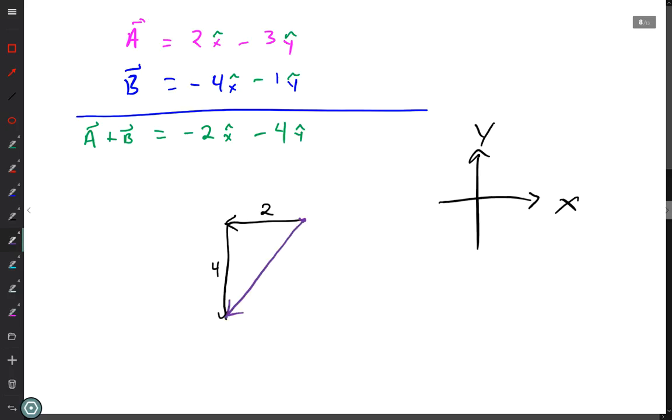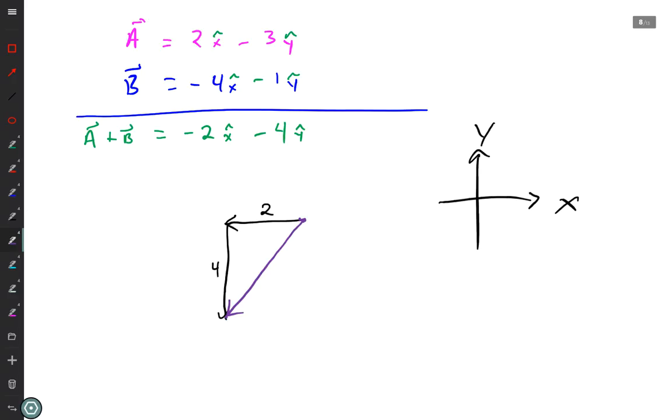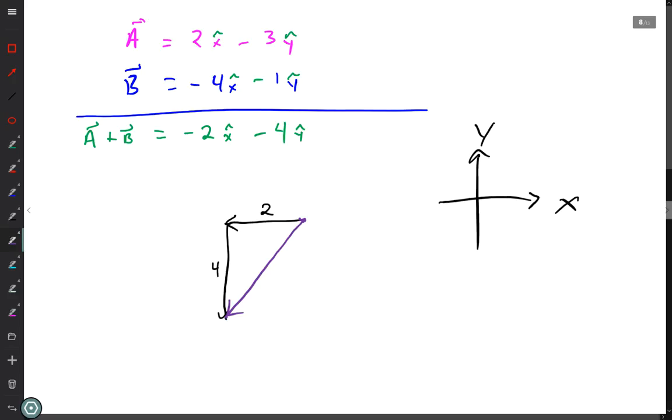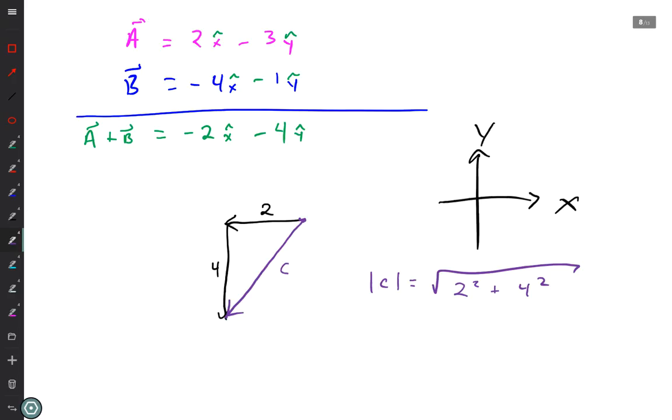So there's my resultant. And if I want to find the magnitude, I will have the magnitude of this, and I'm just going to call this C. So the magnitude of C is equal to square root of 2 squared plus 4 squared, which of course is square root of 20, or for those who care, that would be 2 times square root of 5.